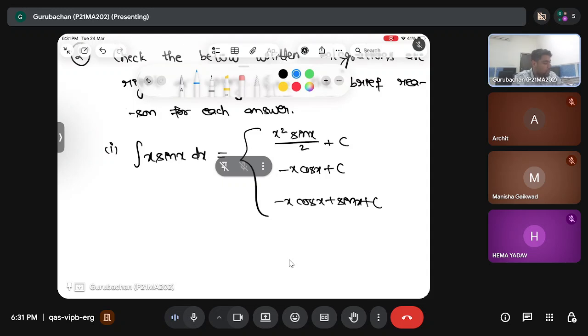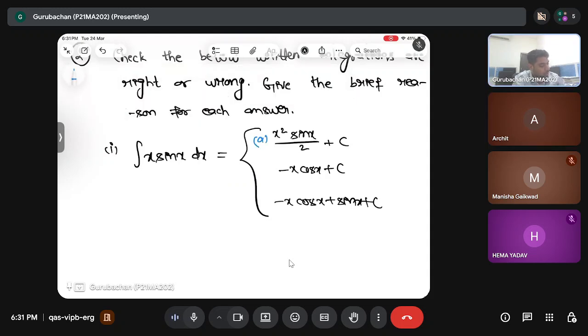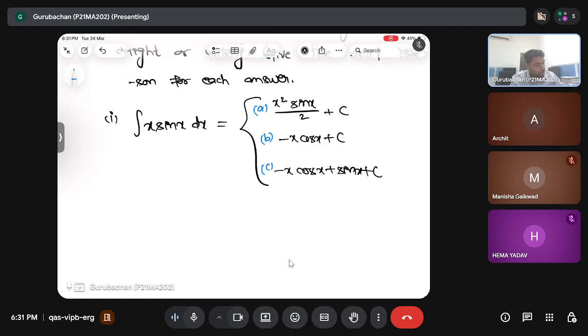Which one is the possible answer? First one. No, sir. Last one. Let me just name them A, B, and C. You just need to differentiate these. x squared sin x by 2 plus constant.